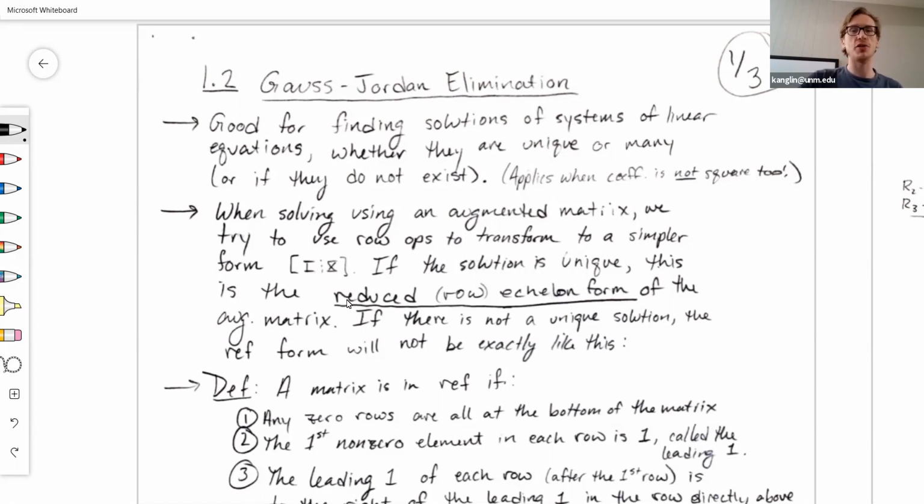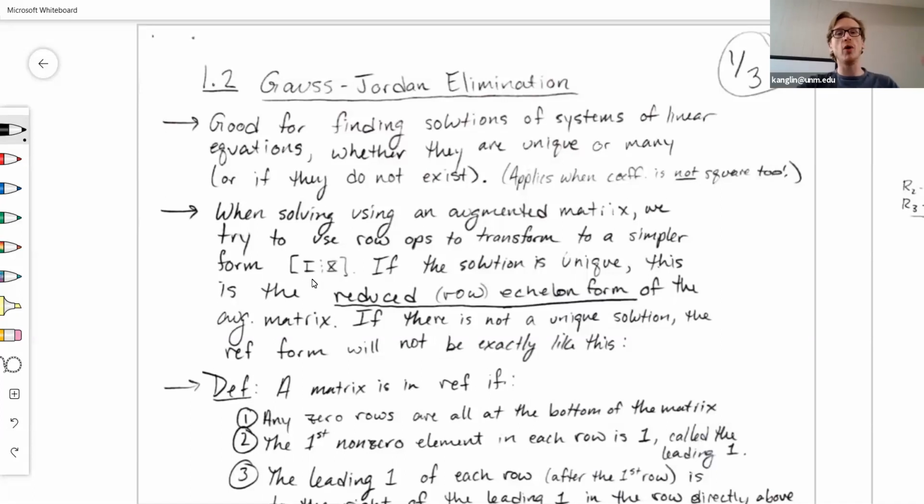So this is a definition, the reduced echelon form. It's very common to call this reduced row echelon form. Our book typically leaves that out, I believe, the row word. So I do want to talk about this for a minute, but let's note first that if there is not a unique solution, the reduced echelon form of the matrix will not have this form.